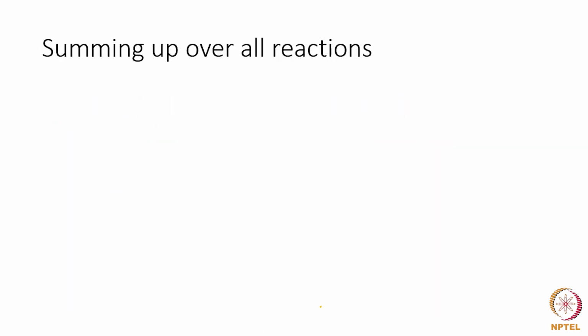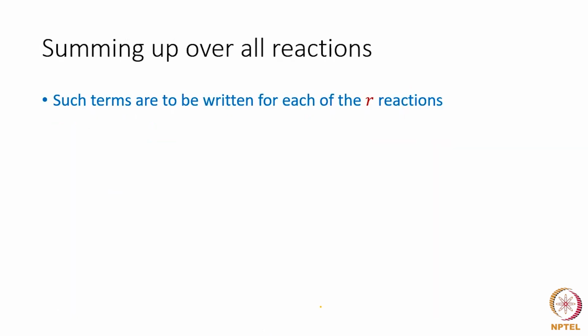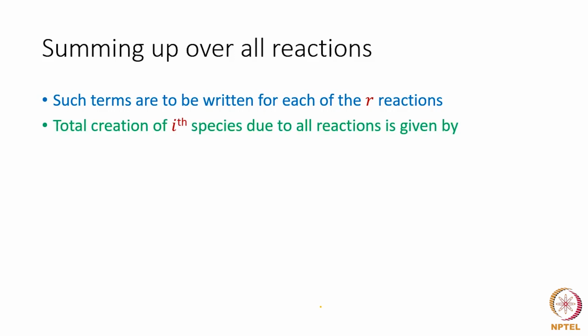So when we sum up these of all reactions, then we can say that for every reaction we should write the production or consumption of each of the species, and for the ith species due to all the reactions, that would be a sum of these quantities which we have seen here.